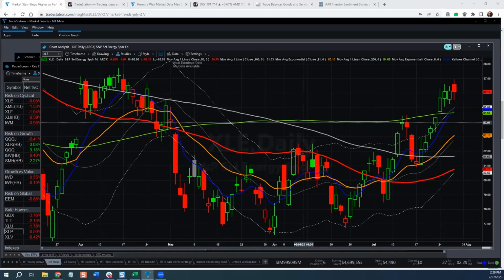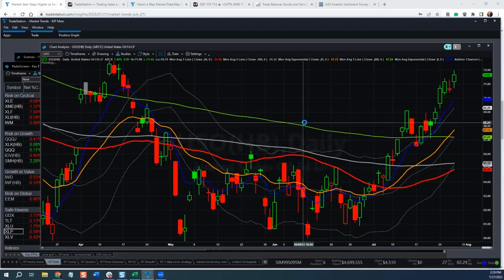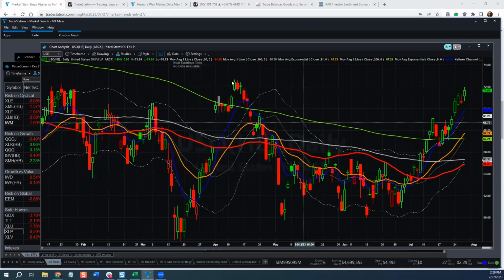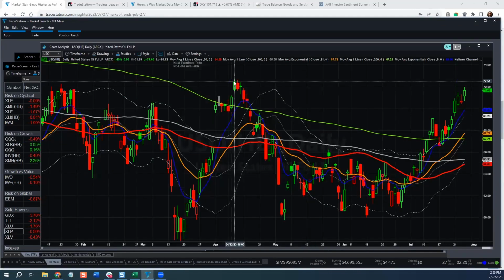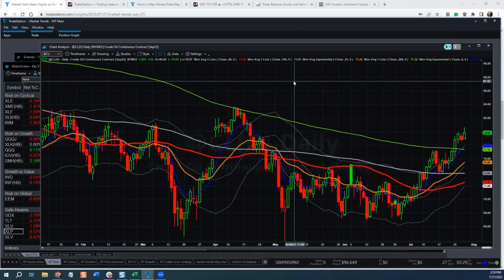Let's take a look at the USO oil ETF. This was the level back when OPEC cut production in April. And I think at this point there's a potential here in energy, now that the technicals are starting to improve.